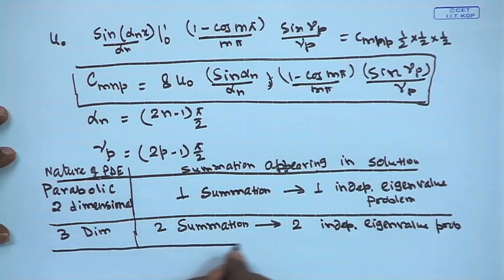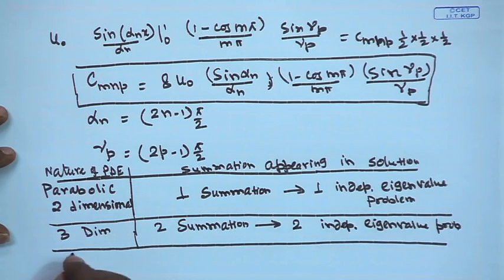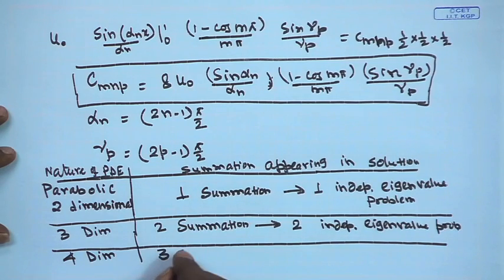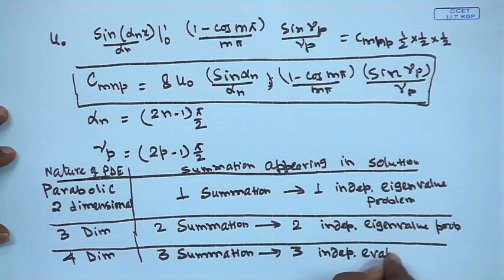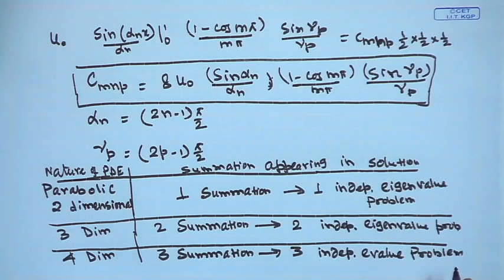If I deal with a four-dimensional problem, then there will be three summations appearing in my solution, because I will be dealing with three independent eigenvalue problems. Okay. So, now I will be considering one case before going into the elliptic partial differential equation.